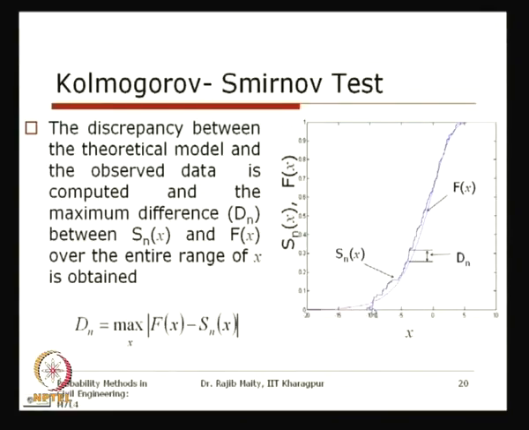At each point there will be some difference between this blue line and this pink line. That difference at each and every point I have to find out, and we have to pick up the maximum one. This blue line, as we come to the left, is 0, and towards the right where it ends, it equals 1. Over this entire range we have to pick up the maximum difference.